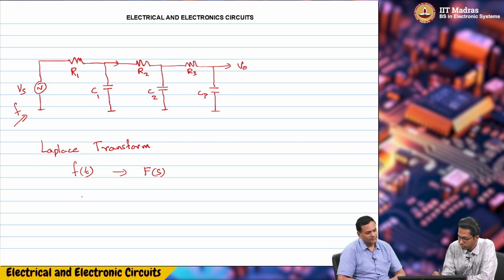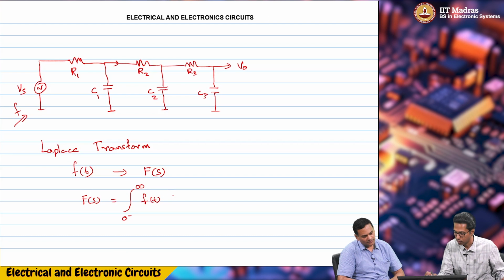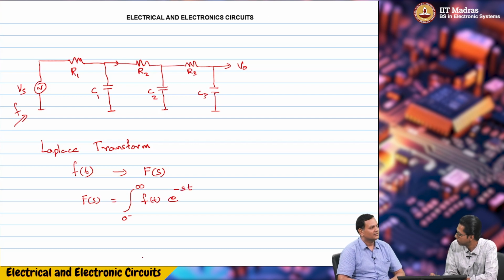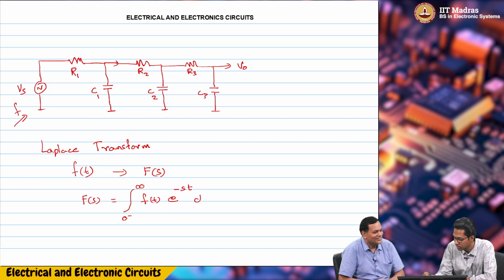So what it says is f of s is you integrate from 0 minus to plus infinity f of t. You will multiply f of t with e raised to minus st, dt.